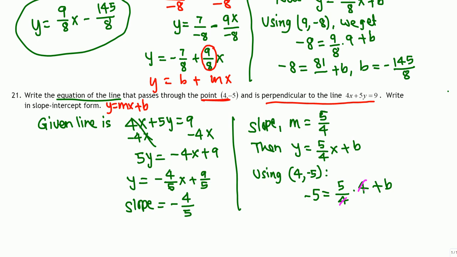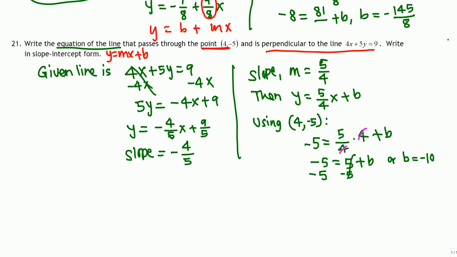The 4s cancel, so we have negative 5 equals 5 plus b. To isolate b, we need to move this 5 over, so subtract 5 from both sides. Negative 5 minus 5 is negative 10, equals b. So b equals negative 10.